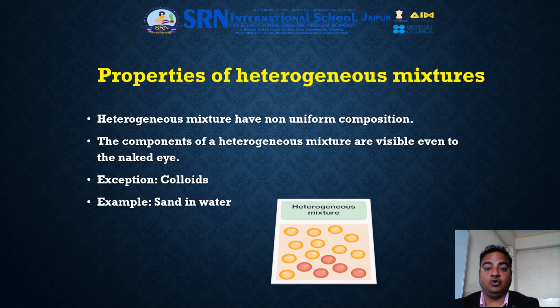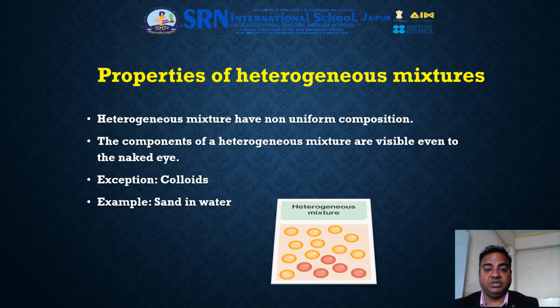Heterogeneous mixtures have a non-uniform composition, that is, separability is easier for heterogeneous mixtures. The components of a heterogeneous mixture are visible even to the naked eye. So, I can separate them. I can know which is the solute and which is the solvent. Some examples are some metal pieces or some bigger pieces of pebbles in water.